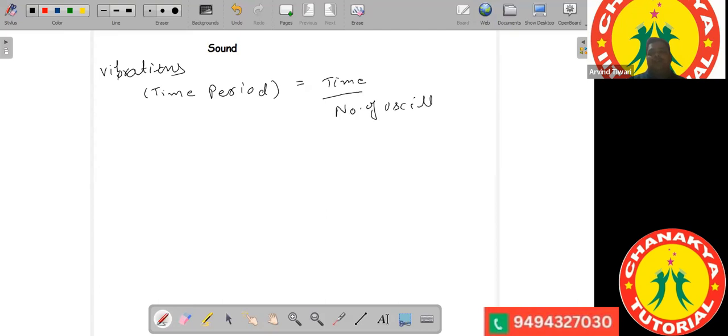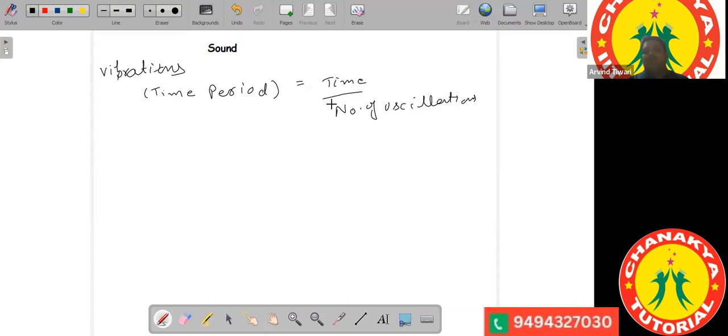So in this way, you can compute the time period. So time period will be given by the formula time divided by the number of oscillations.